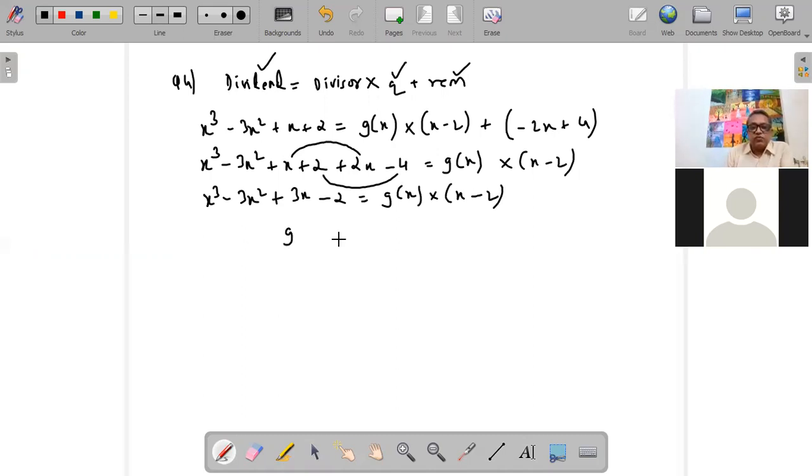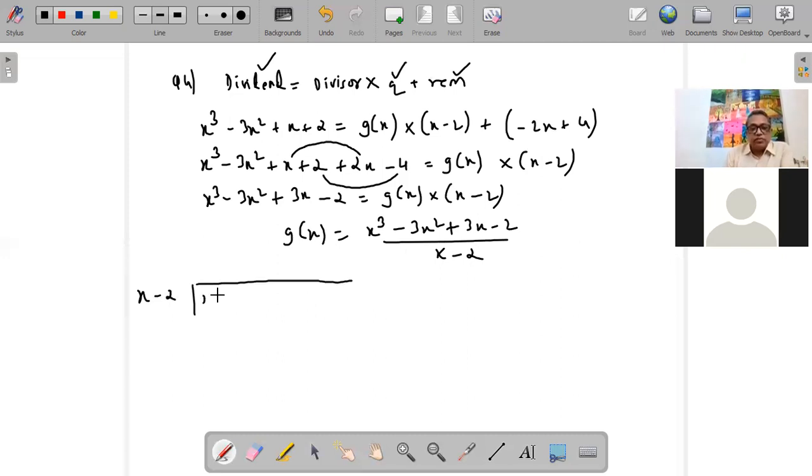Therefore, the value of g(x) will be this whole polynomial divided by x minus 2. Now we do the long division, dividing the numerator by the denominator. x will go x square times: x into x square is x cube, and minus 2 into x square gives minus 2x square.